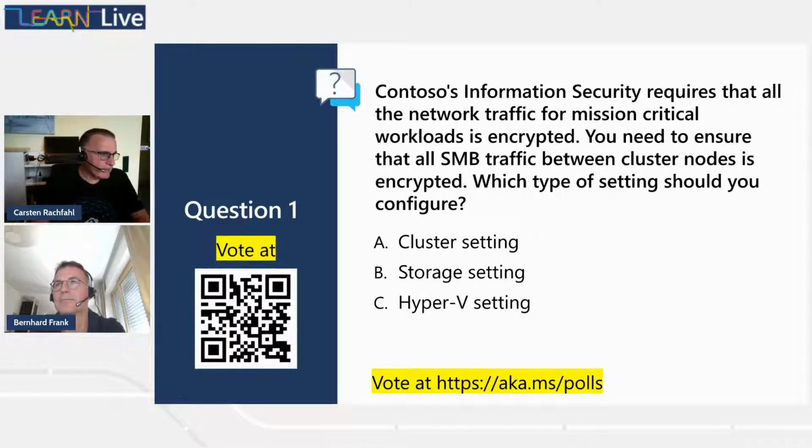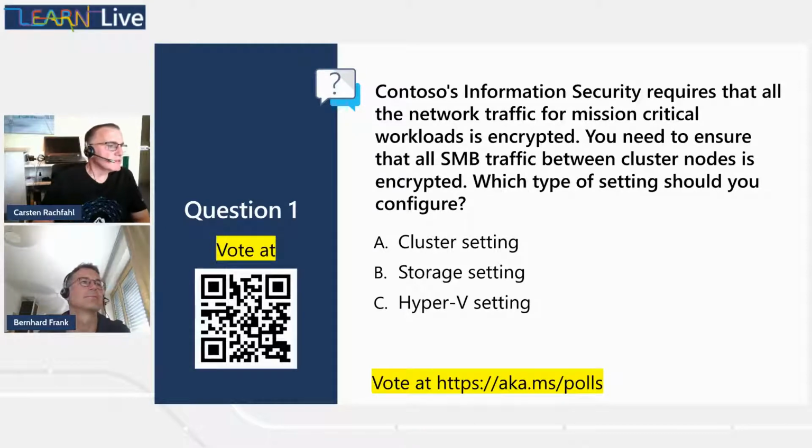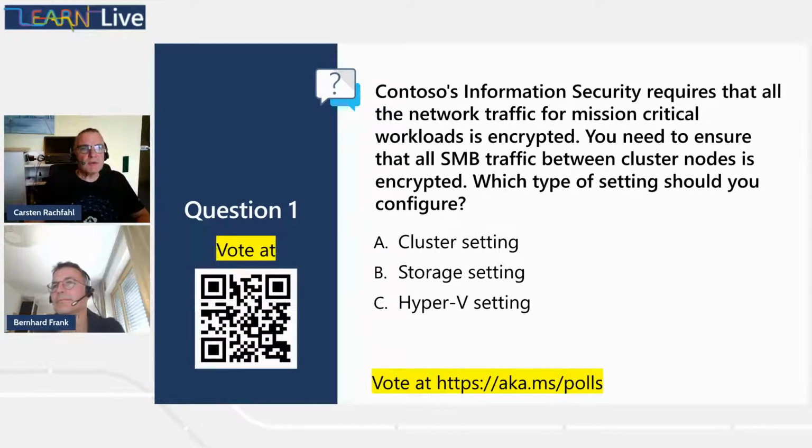So is it A, a cluster setting? Is it B, a storage setting? Or is it C, a Hyper-V setting? And you can vote at https colon / aka.ms polls. We give you some seconds to do that, and then we show you the answer.